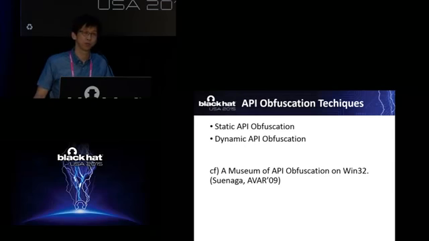In dynamic API obfuscation, the packed executable file contains some runtime obfuscator, and that expands API function code into some memory area. And you can find more API obfuscation techniques in the Museum of API Obfuscation on Win32 by Symantec.